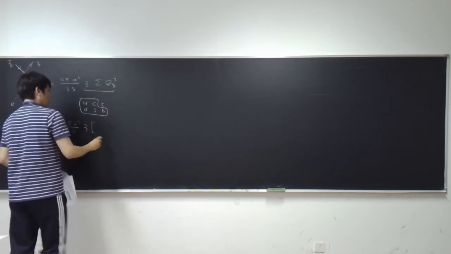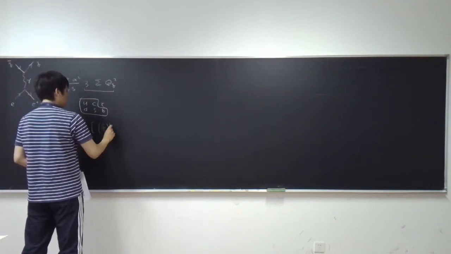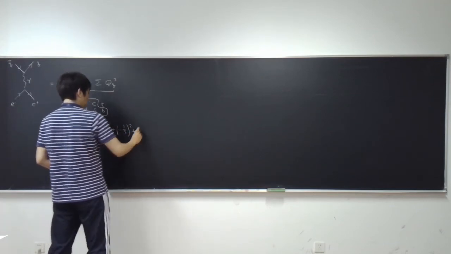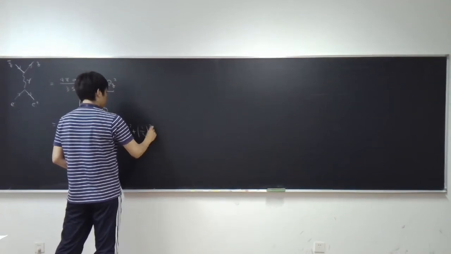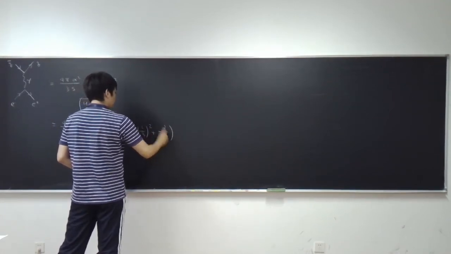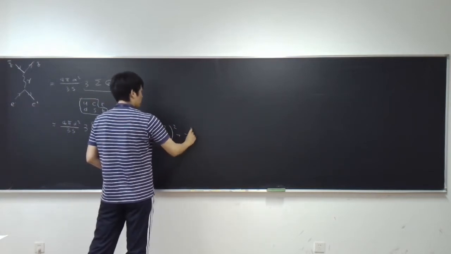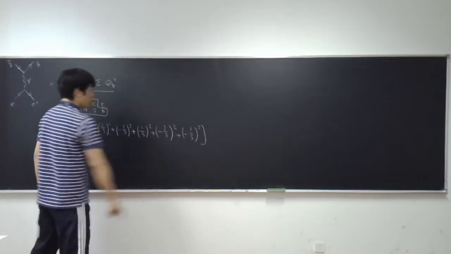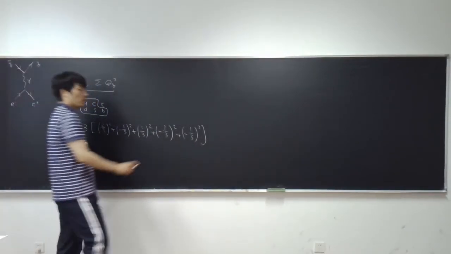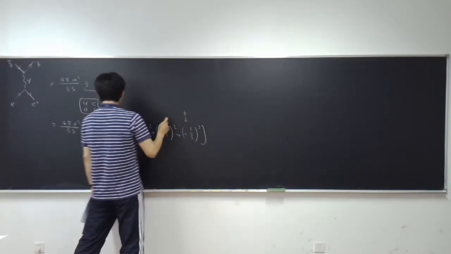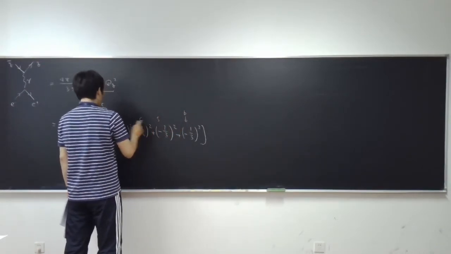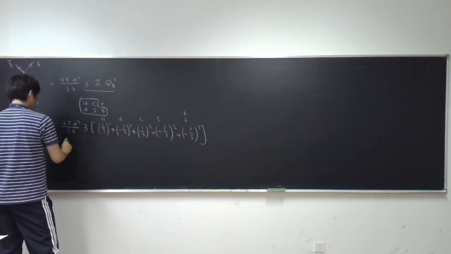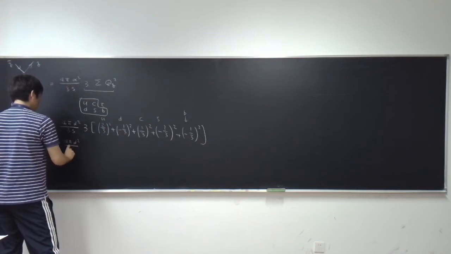So therefore, what we have is indeed 3 times minus 1/3 squared. The last time I wrote 2/3 here, but this is for bottom. Terms range up and down, and what you get is 4 pi alpha squared.